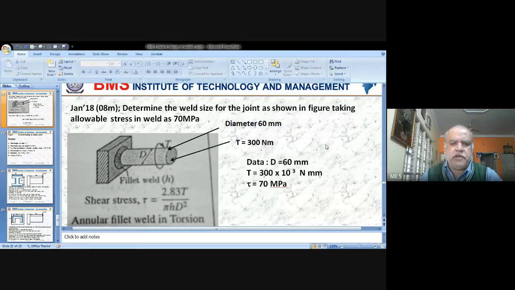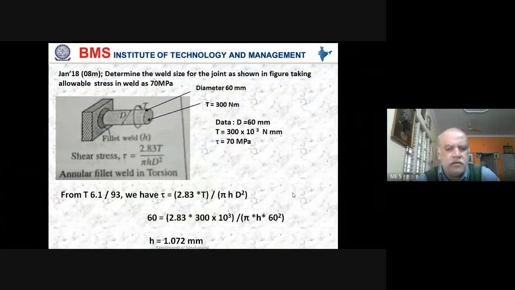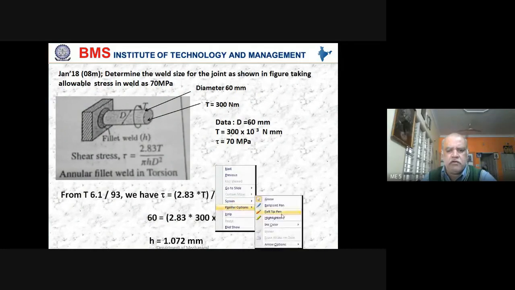This is a circular shaft subjected to torsion, welded to another metal piece. We have to find out the weld size h. Solve the problem and check whether you are getting the same value as what I have got.